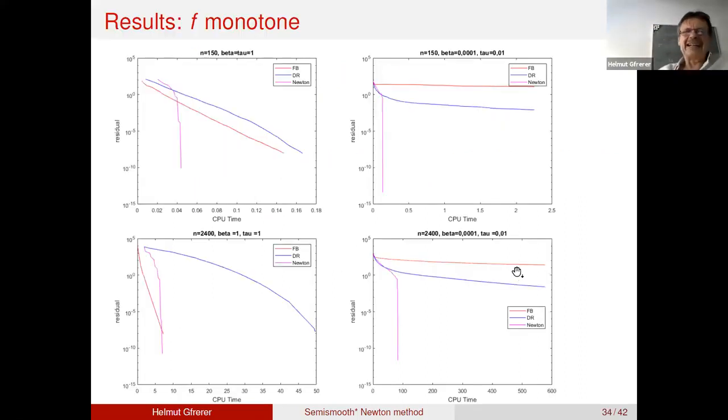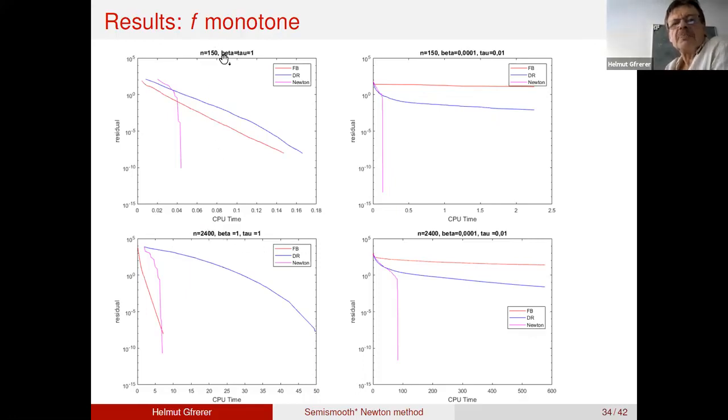Okay. Now you see here our results for the case when F is monotone. You see the results from the Newton method, this line in magenta, compared with the forward-backward splitting method and Douglas-Rachford splitting method for different dimensions n. Here n equal to 150 and here n equal to 2400.